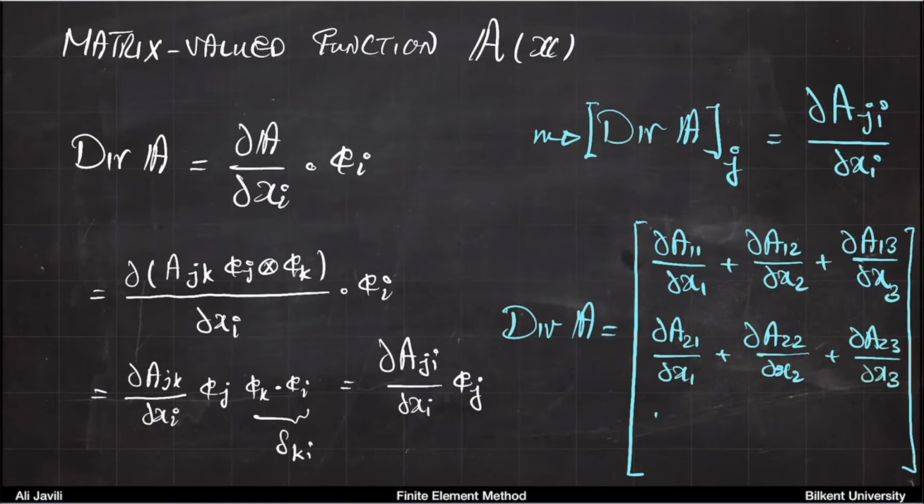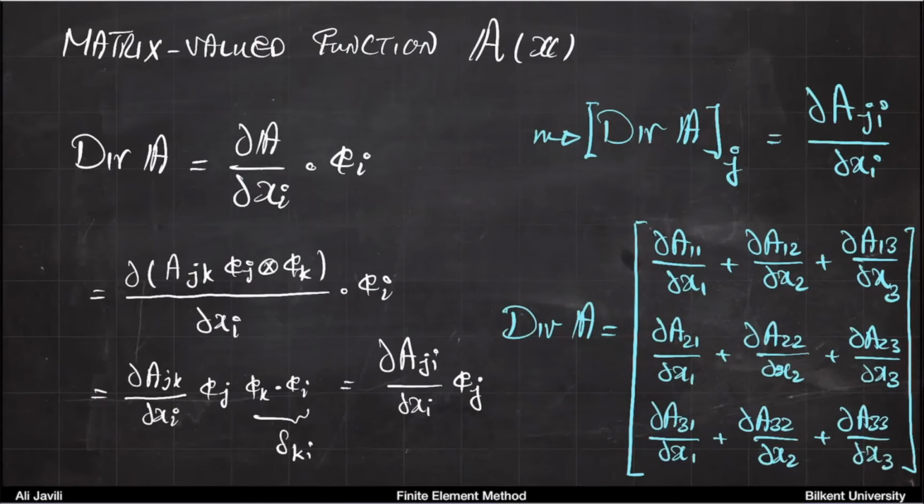And then eventually you would have the third: the derivative of A31 with respect to x1 plus the derivative of A32 with respect to x2 (plus the derivative of A33 with respect to x3). Okay, so this is also the divergence of A.